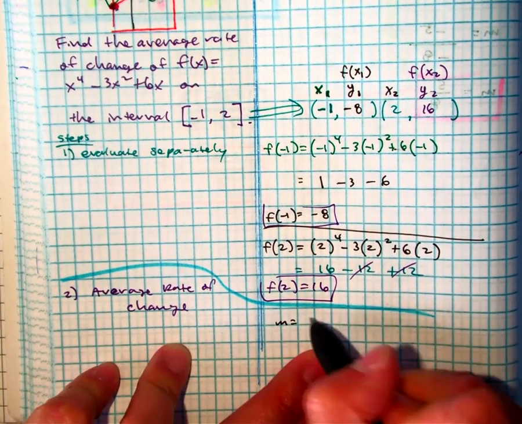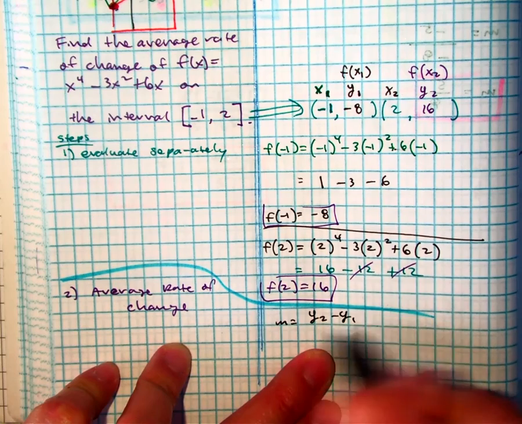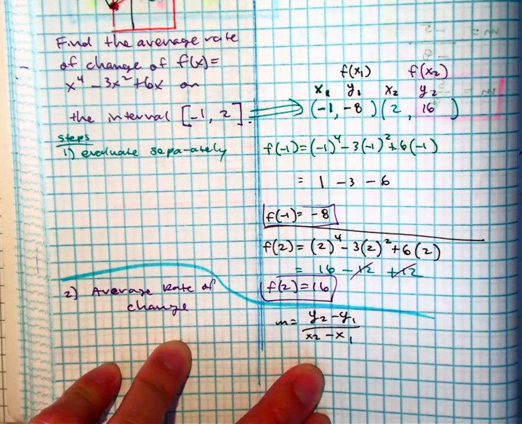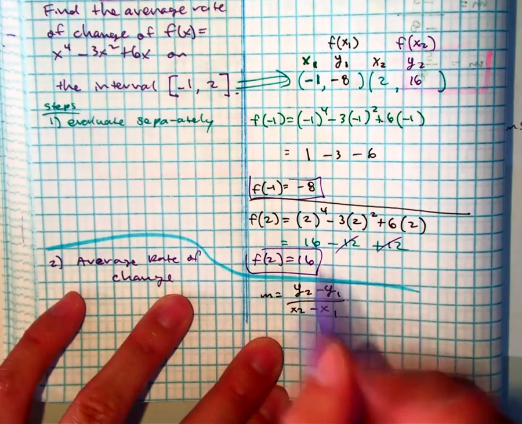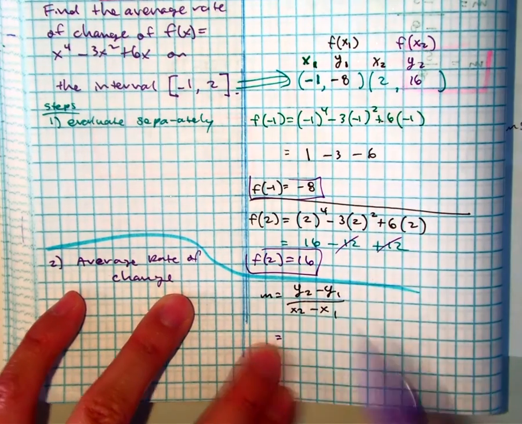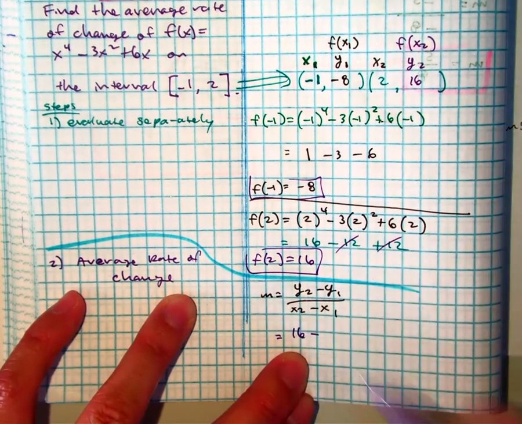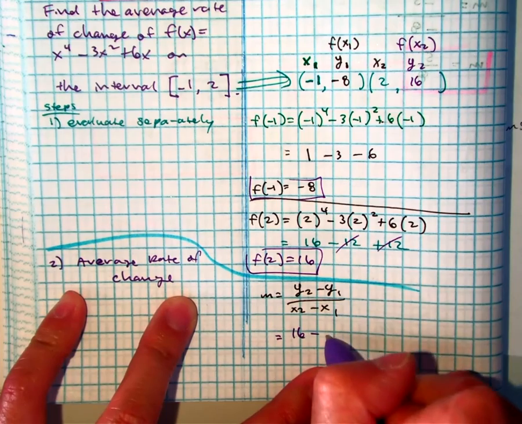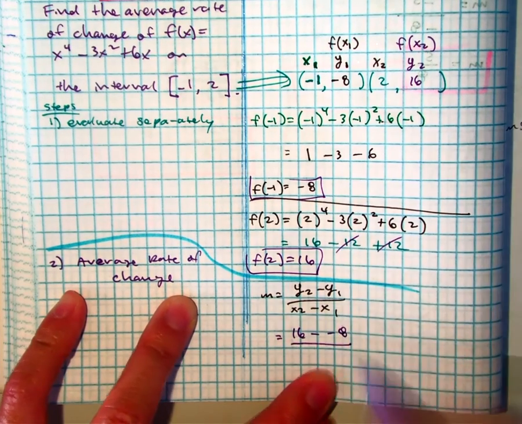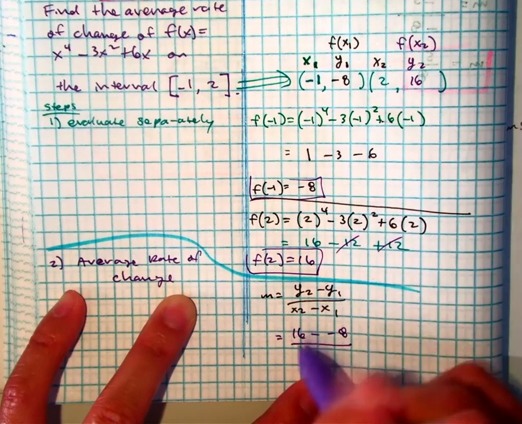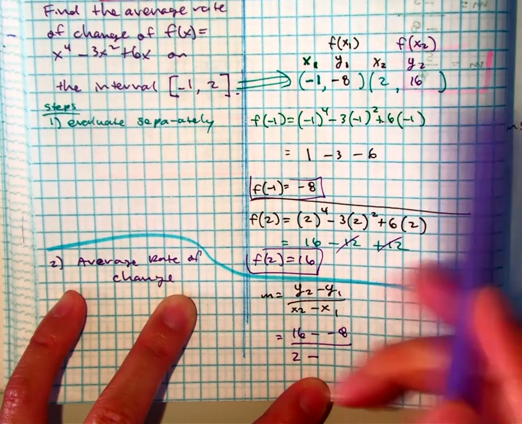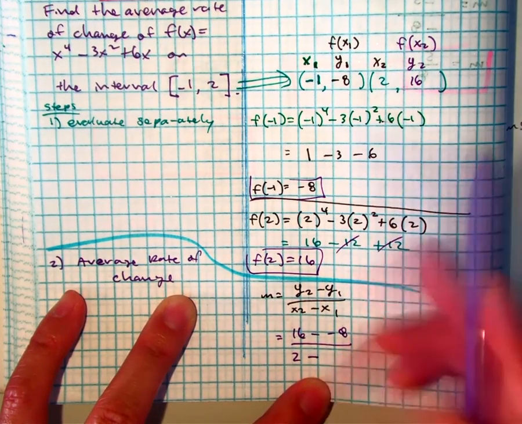M equals y2 minus y1 over x2 minus x1. What's my y2 value? My y1 value? My x2 value? And my x1 value? -1.